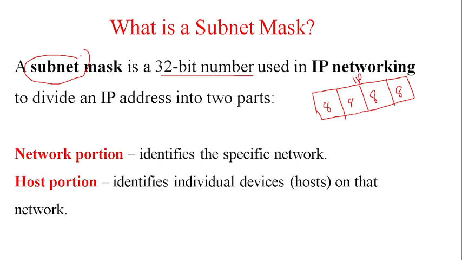A subnet mask is used to identify, among these 32 bits of the IP address, which part is the network ID and which part is the host ID. Means two portions we are dividing. Some portion will be reserved for network ID, some portion will be reserved for host ID. In order to identify that, we are using what is known as a subnet mask.